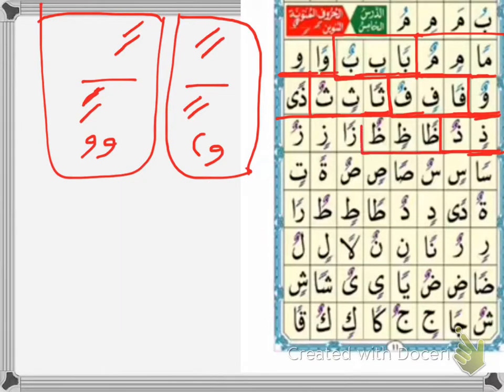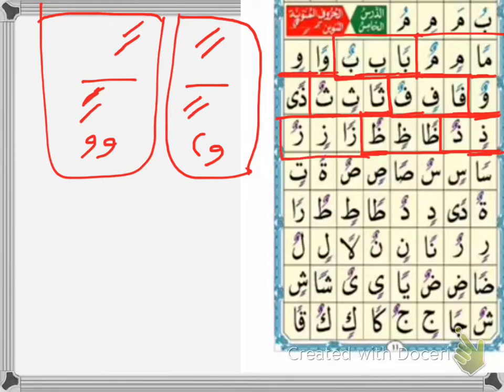ظا, the letter ظا. ظا فتحتين ظن، ظا كسرتين ظن، ظا ضمتين ظن.